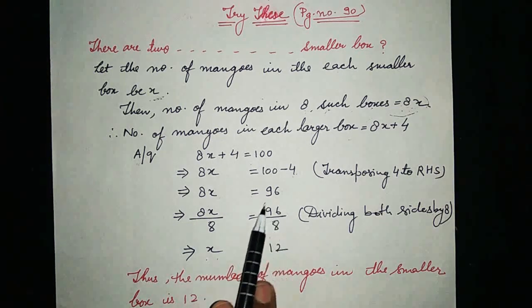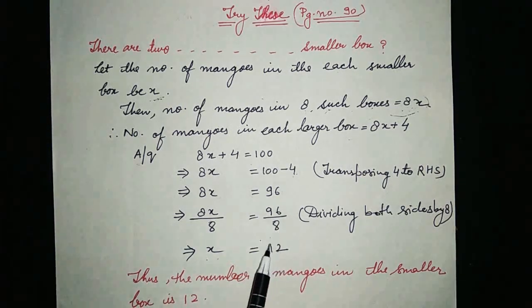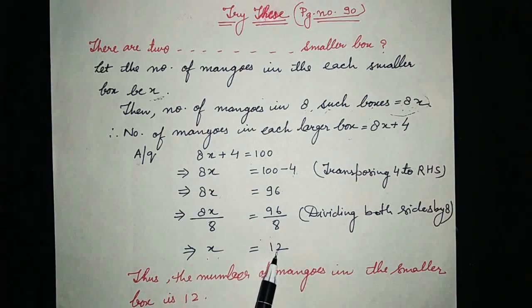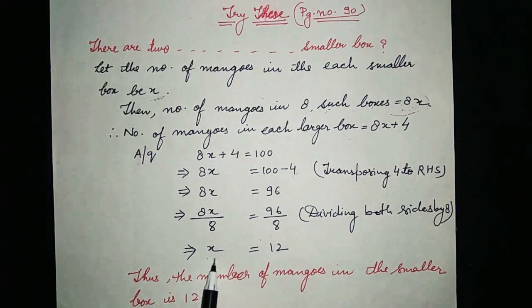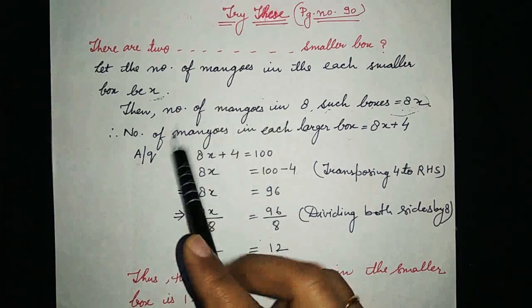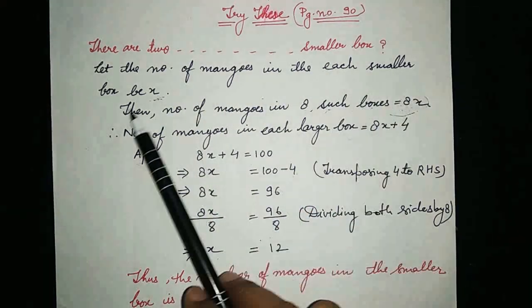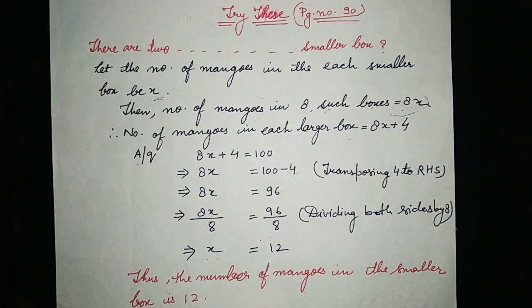And when we divide 96 by 8, then what will come? Here 12 will come. So what is 12? 12, here we have calculated x, and what is x? X is number of mangoes in the each smaller box. So the answer is 12.